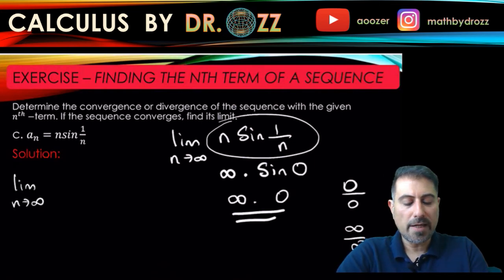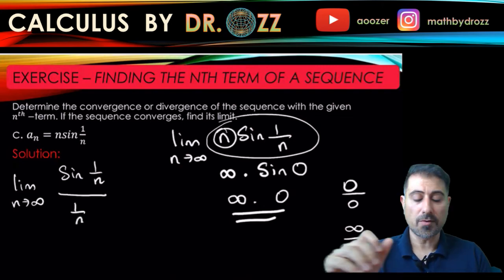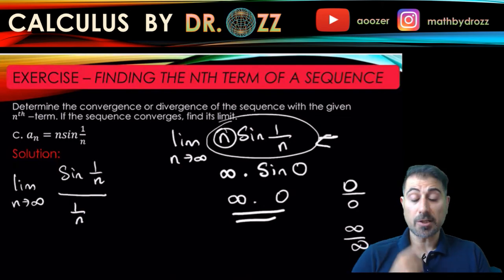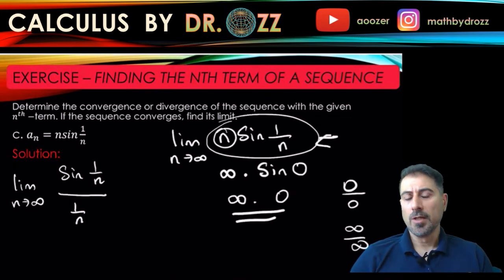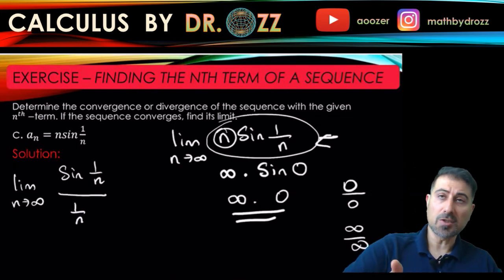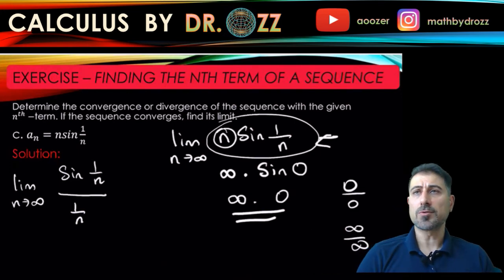We have sine 1 over n, and I'm going to write the other term as 1 over n in the bottom. So now I converted this expression into a rational expression, where I have 1 over n in the bottom, because what we generally do is flip it over. So 1 over n flips over as n, and the resulting value is n times sine 1 over n.